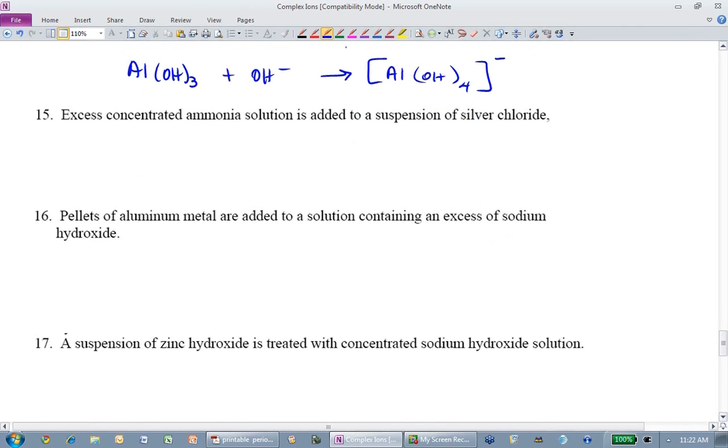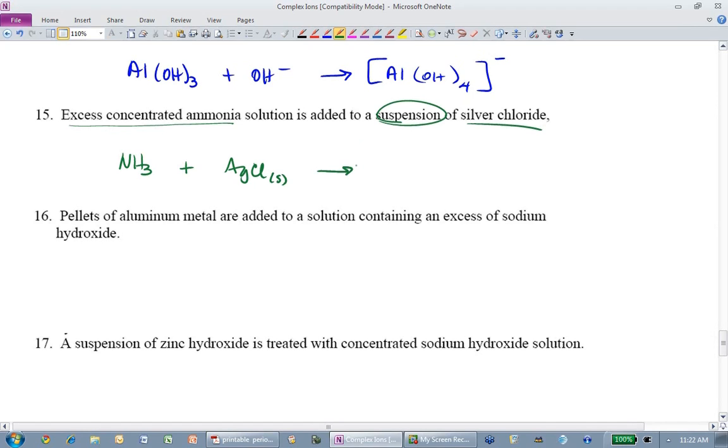And then let's look at excess concentrated ammonia is added to a suspension of silver chloride. We had this before. So how am I going to get this insoluble silver chloride to dissolve? I put concentrated excess ammonia with it, and it will let me recover my silver ion.